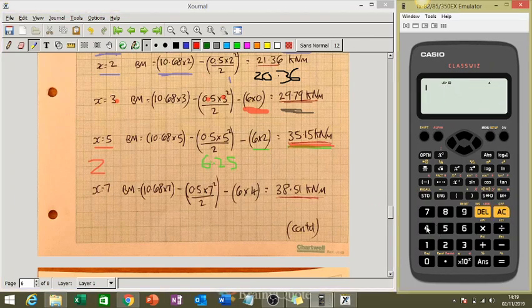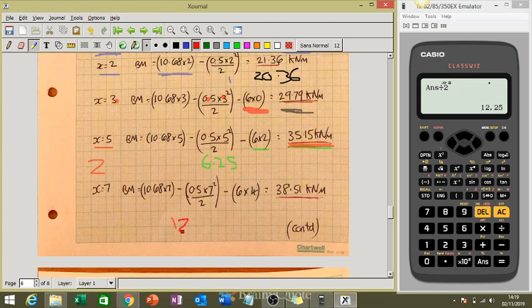I'll work it out again, just to go the long way. You haven't got to do it like this. Just make sure you square the 7. Don't square it all. Divide it all by 2. Gives me 12.25. That's the moment produced by the UDL.